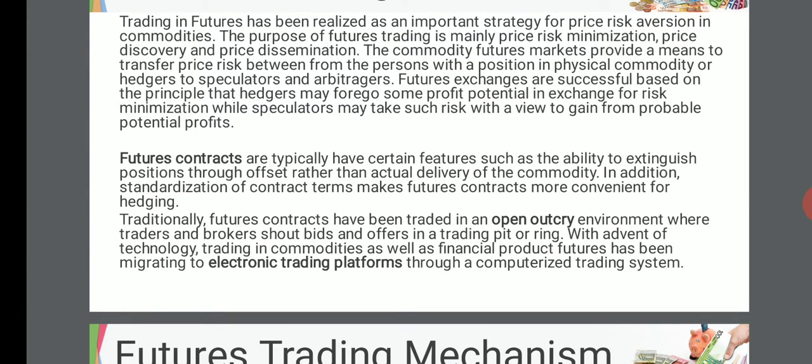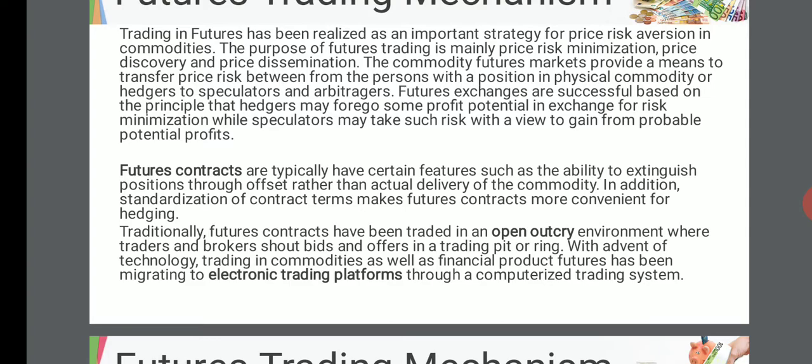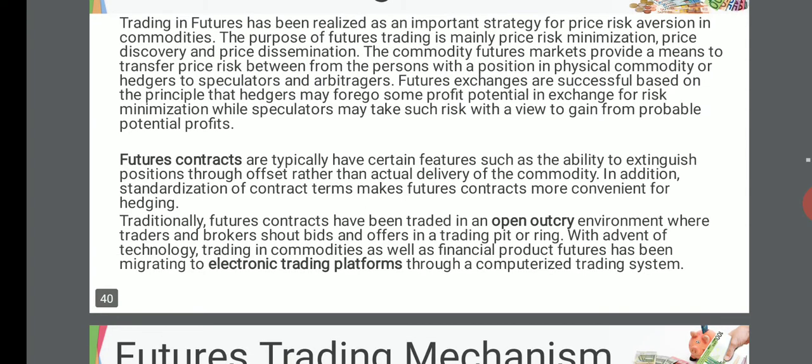So, futures contracts do have the ability to extinguish positions through offset. That means the position is offset through a parallel, opposite transaction. In addition, standardization of contract terms makes futures contracts a more convenient tool for hedging.